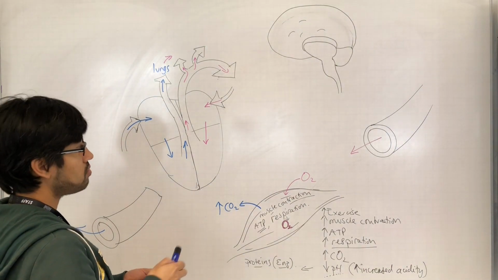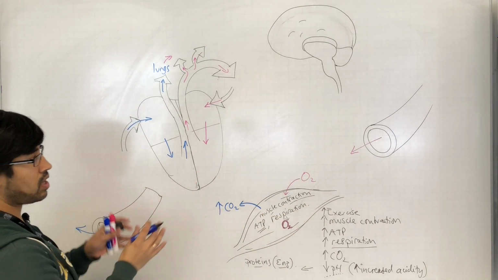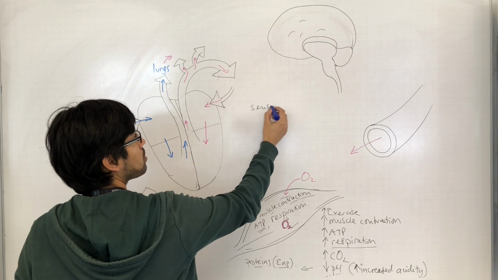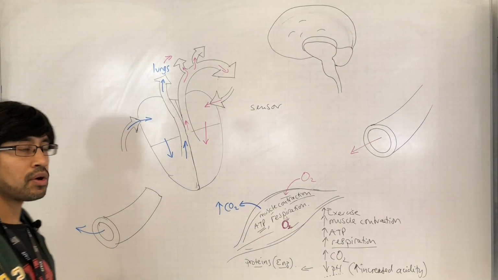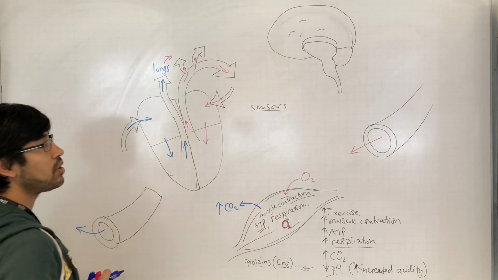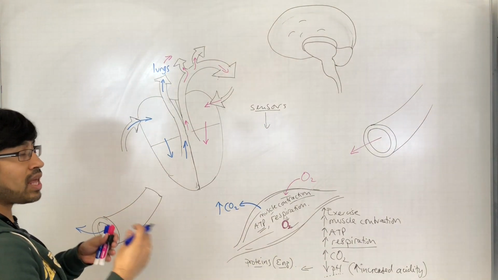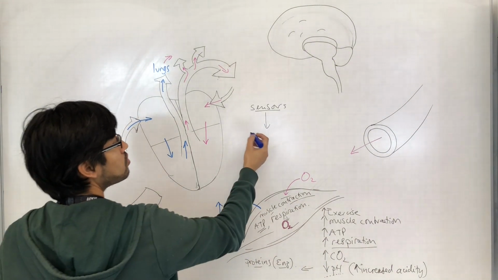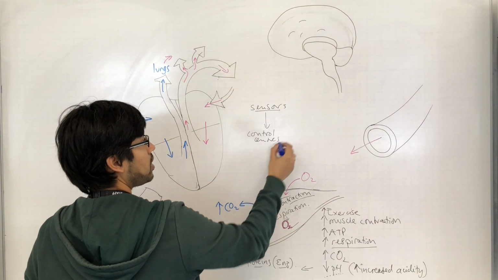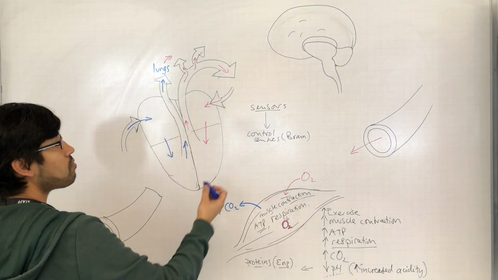So one of the key ideas in this concept is that the body is able to respond to things. The body has sensors, and those sensors can relay messages or information to control centers. These are usually part of the central nervous system or brain.